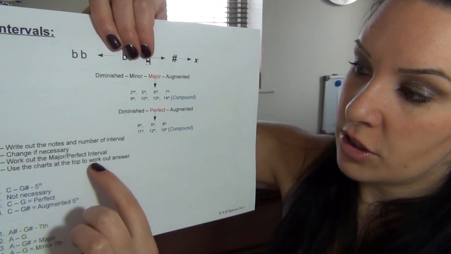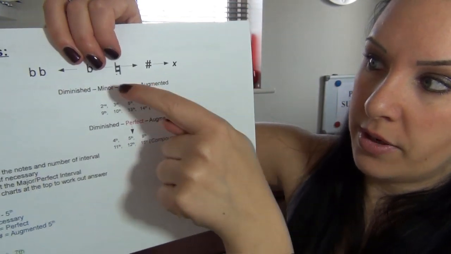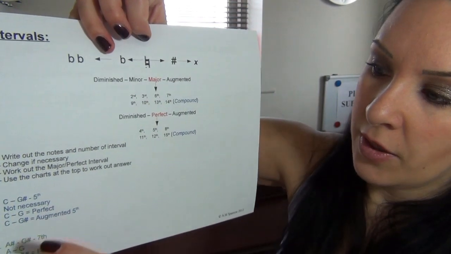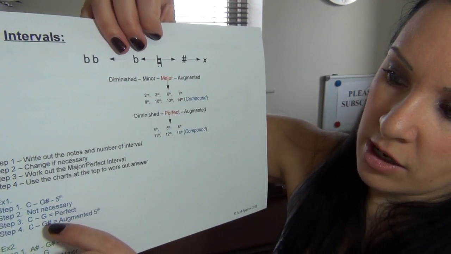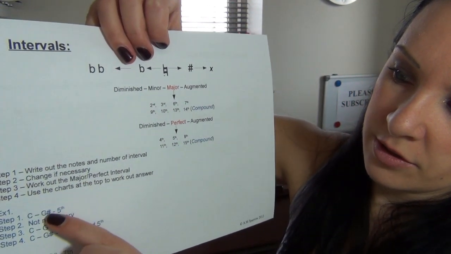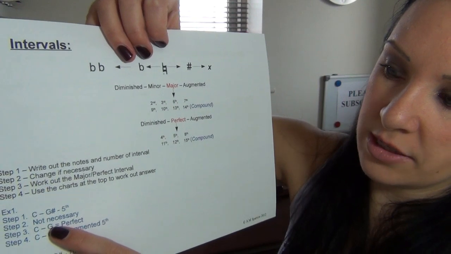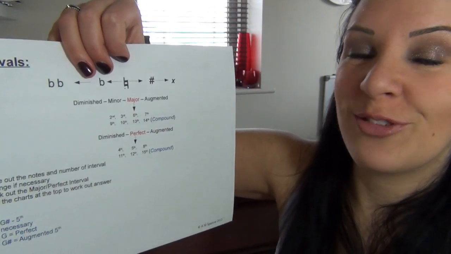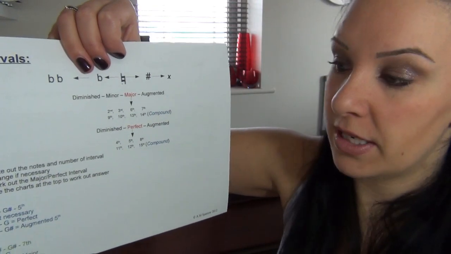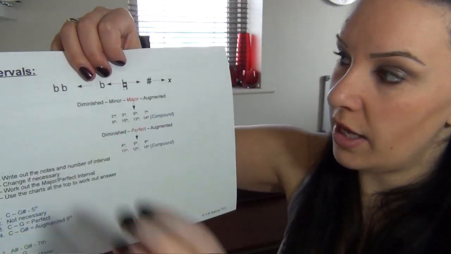Now I use the charts at the top, so this one now and this one here, to work out what the actual answer is. So I know that I'm going from G to G sharp because G is the perfect fifth note that runs through the C major scale. So I'm going to start there.